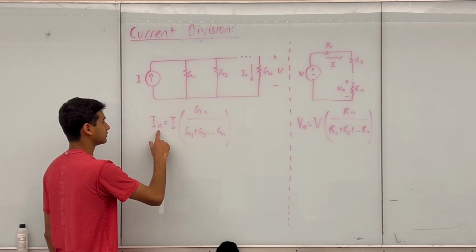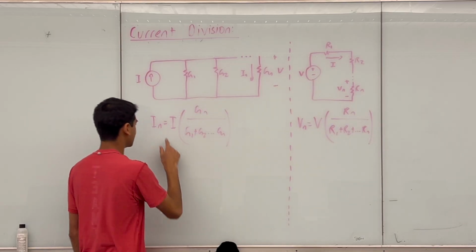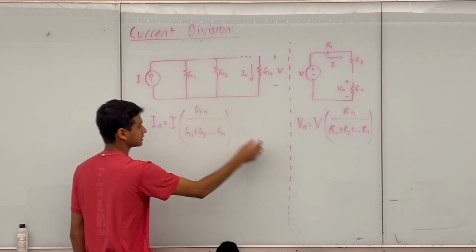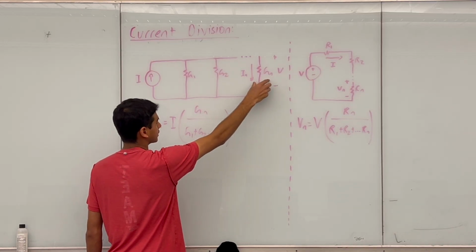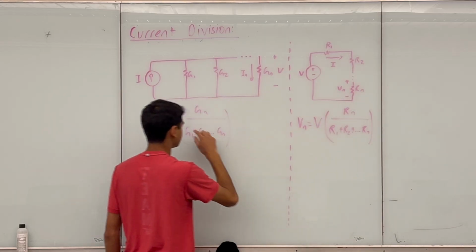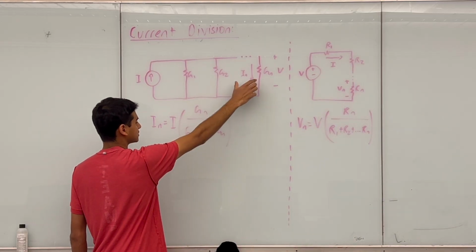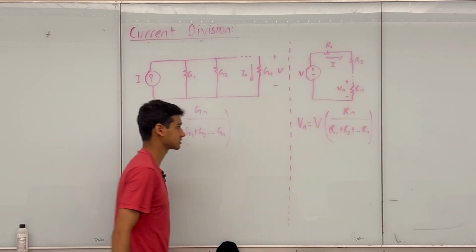You have IN, which is the current you're trying to find, Vn, which is the voltage you're trying to find, and that equals your source current, or your source voltage in this case, times the conductance you're looking at, or the resistor in this case, divided by the sum of all these conductances in this case, and the sum of all these resistors in this case.